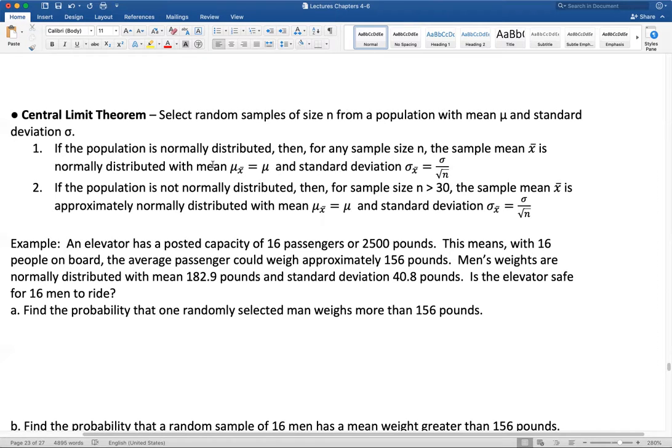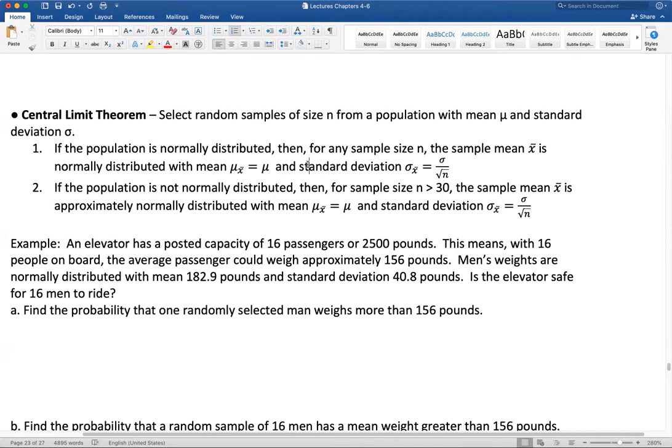It says that if the population is normally distributed, then the mean of the sample means, mu x bar, denotes the mean of sample means. Remember that in 6.3, we selected many samples, and then we calculated the sample mean for each sample, and then the sampling distribution of the sample mean is normally distributed, so that the mean of sample means targets the value of the population mean, right?